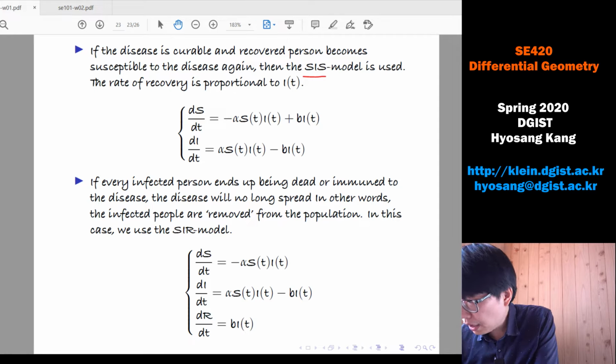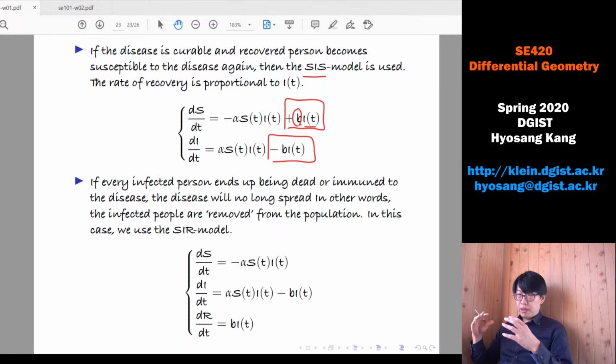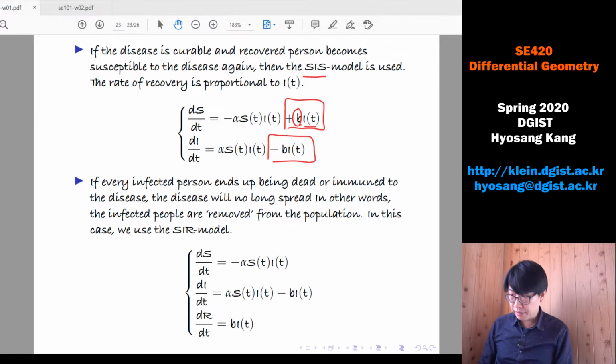Everything is the same except there's one more term in each equation: susceptible people increase at a rate with proportional constant B, proportional to the number of infected. So there is a portion of people in the infected group that can be cured, but they become susceptible again. They can be infected again by the disease or virus.